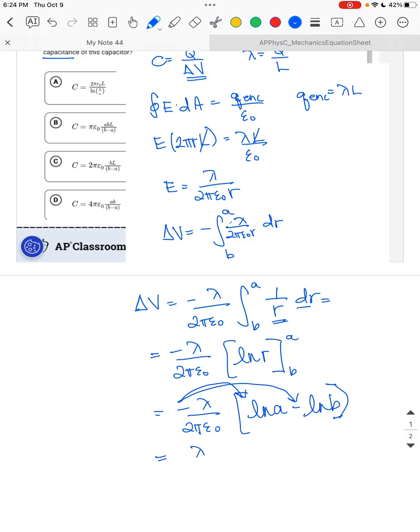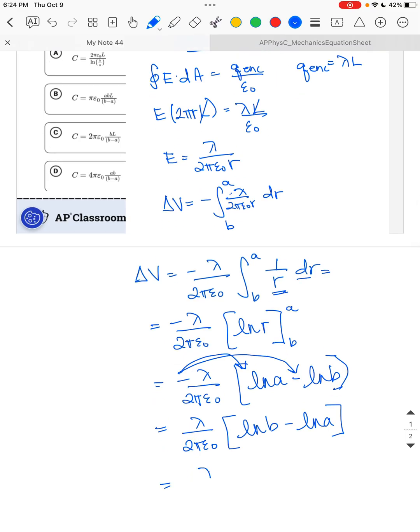And I end up with a positive lambda over 2 pi epsilon naught, and my ln B becomes positive, and my ln A is now the negative. So I'm going to switch them. And when you have ln minus ln, this is a property you should have already learned in your prior math classes, that can turn into a division, ln B divided by A.